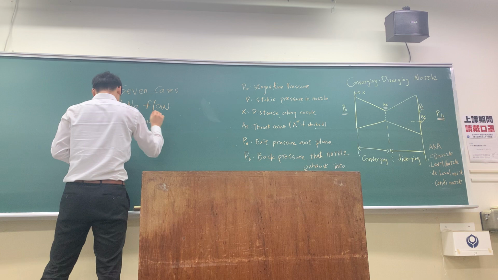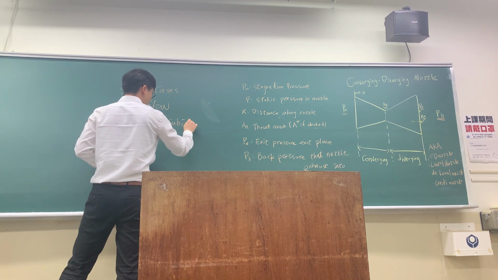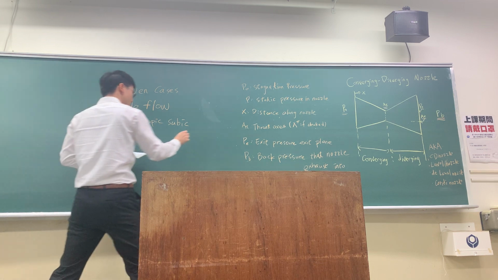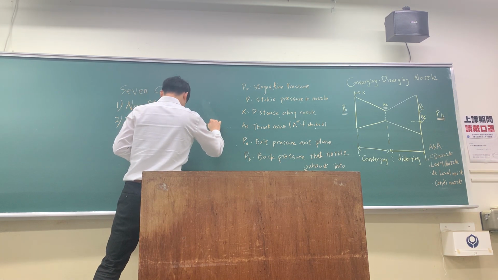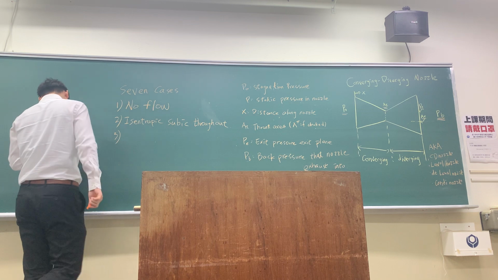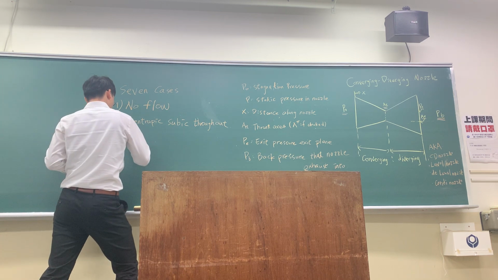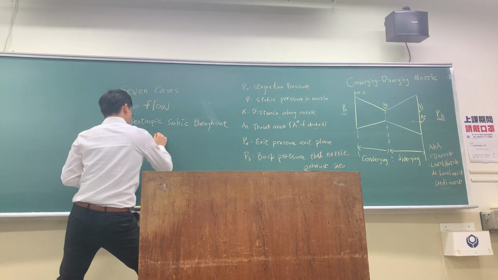When I say isentropic, it's basically that we don't have any loss because of friction. Third case is choked. We have a choke. That's in trouble.